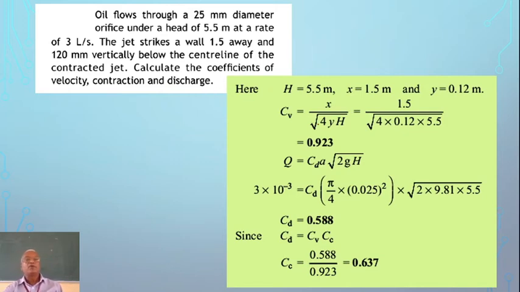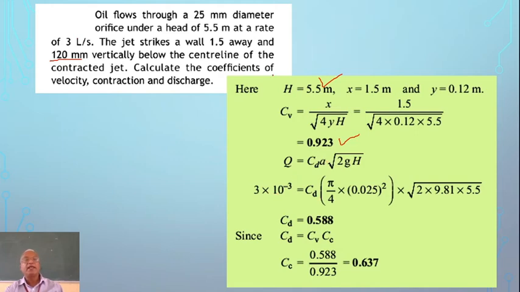Okay. Straightforward problem. H is equal to 5.5, X is 1.5, Y is 0.12 meters. CV is X divided by 2 root YH, or under root 4 YH. Substitute, CV comes out. Q equal to CD A root 2 GH. Q is given as 3 liters per second, 3 into 10 raised to minus 3 meter cube per second.